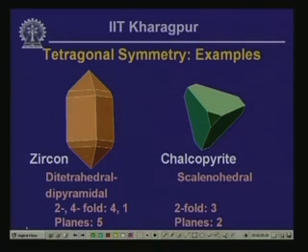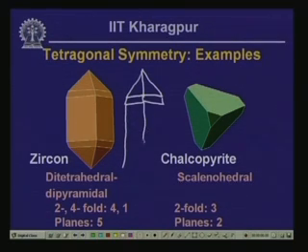Let me draw something here. Say instead of a crystal of this shape, the shape of zircon, we were to get a crystal which is more or less identical, but of slightly different type, then this type of crystal would be called an open form.